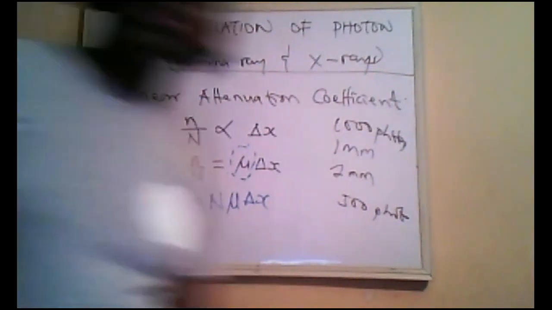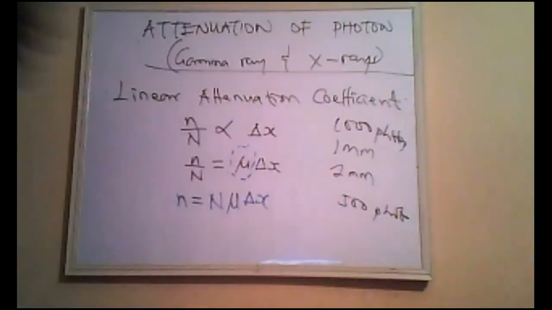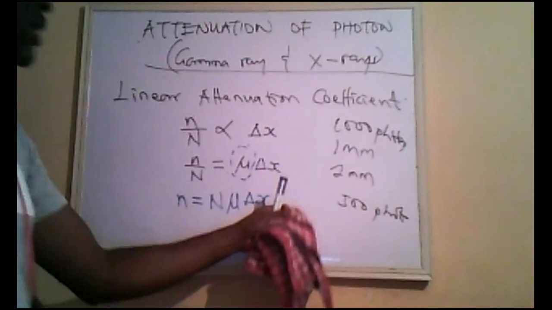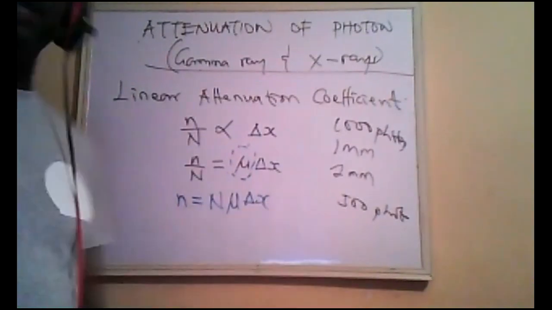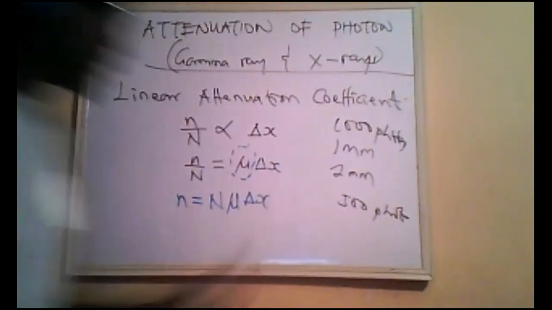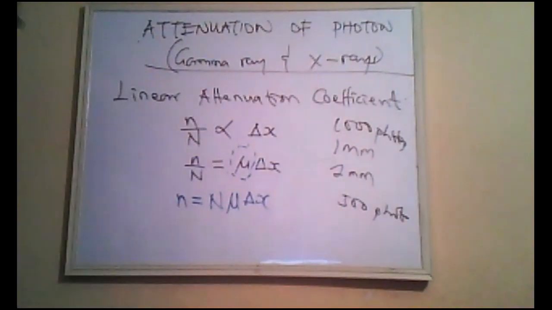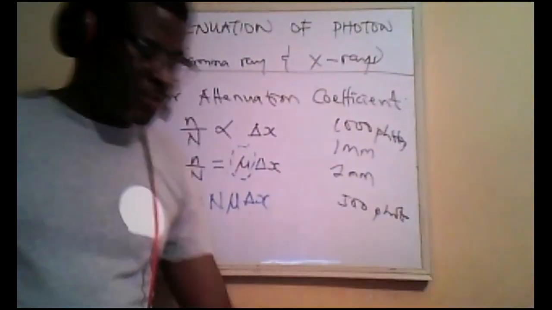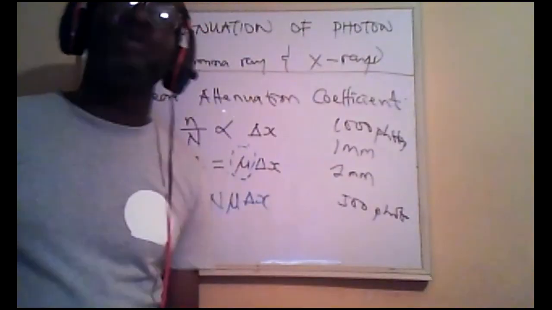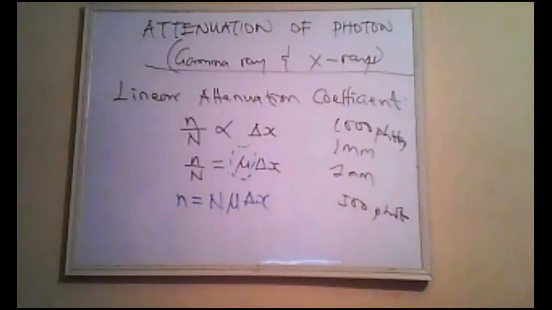So we need to introduce another equation that will take care of this. This is just a myopic look at the concept of the linear attenuation coefficient. If you want a generalized view, we need to introduce calculus. But I don't want to bother you with that, just for us to know the equation.